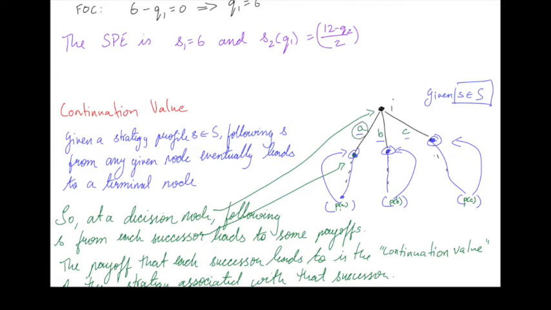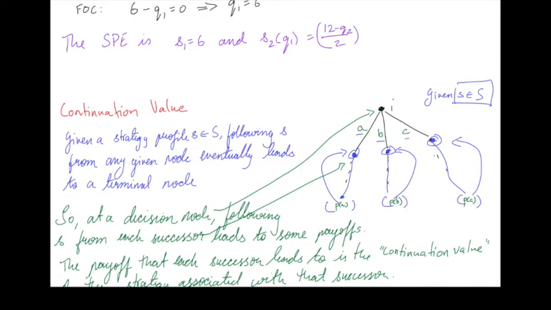So this node leads us to this payoff PA, and A brings us from this decision node to here. So if I play the action A and we're in the profile S, then eventually we'll end up at me getting a payoff of PA. Similarly, if I choose B, I'll eventually get PB. If I choose C, I'll eventually get PC.